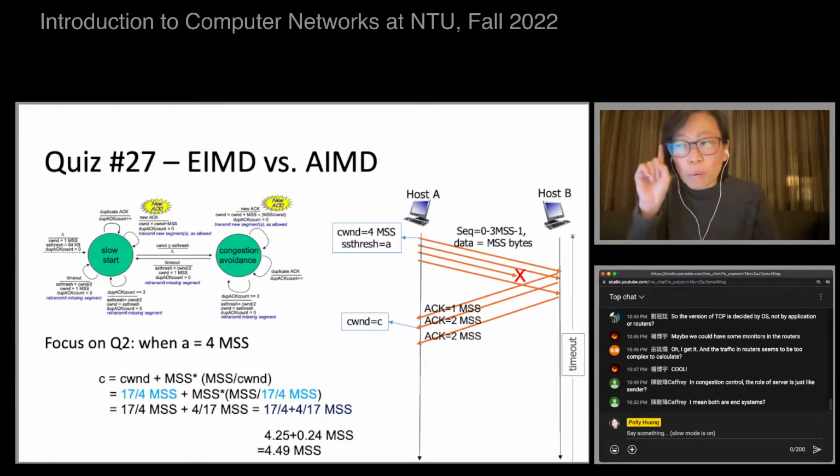So it's 1 packet more after 1 round trip, 1 window. In slow start, 1 packet per ACK. So if you have 4 ACKs in 1 round trip, you increment the window size by 4. That's the difference we're talking about.